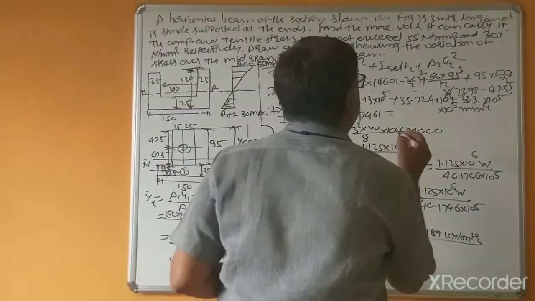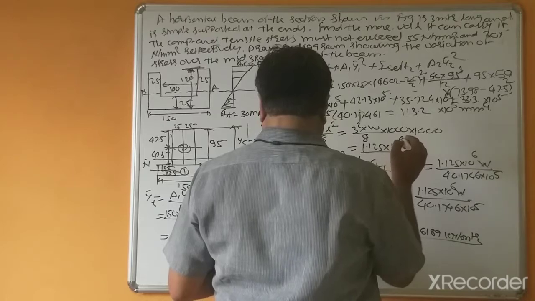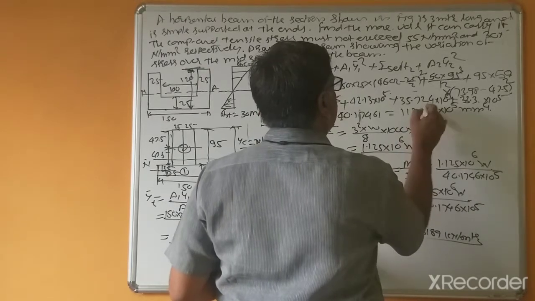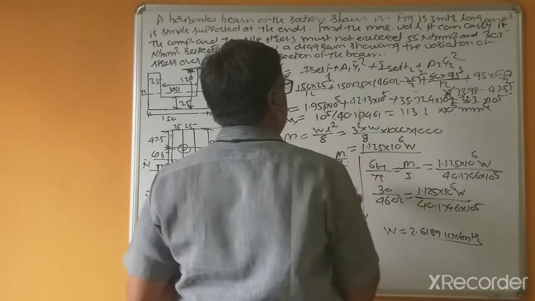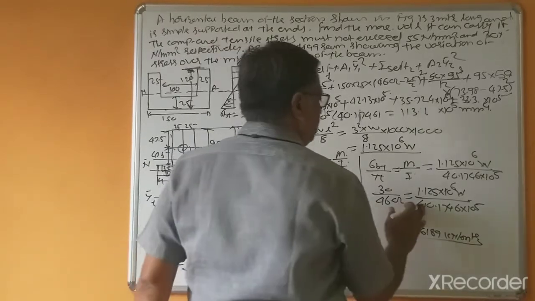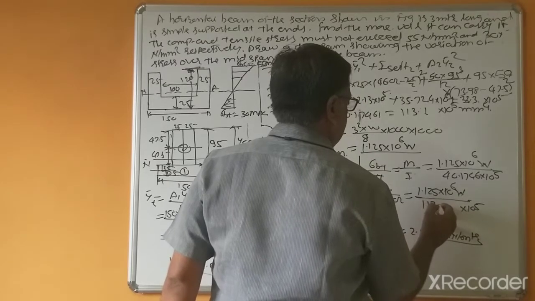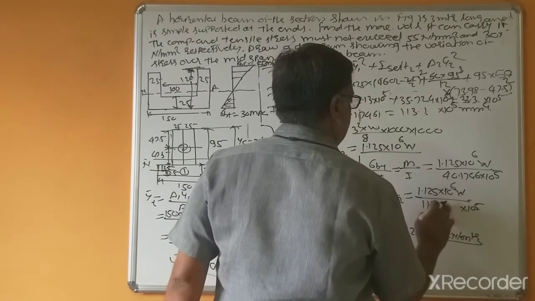So this is 113.1 into 10 to the power 5. This value changes.